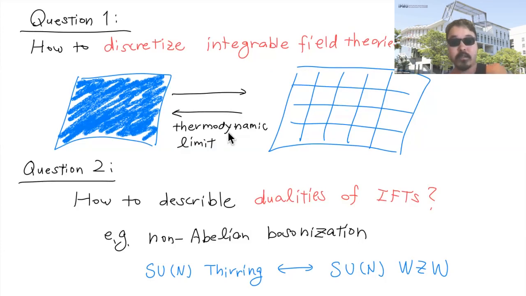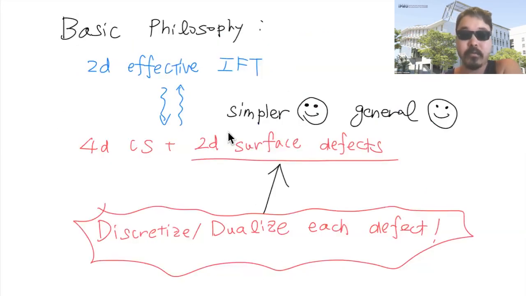So how do we discuss this discretization procedure or the duality between integrable quantum field theories? The basic philosophy here is to stick with four dimensions, in a sense. We start with the usual four-dimensional field theory, but from the viewpoint of the four-dimensional theory, the two-dimensional integrable model is an effective description, obtained by starting from 4D theory coupled with 2D surface defects and integrating along them.